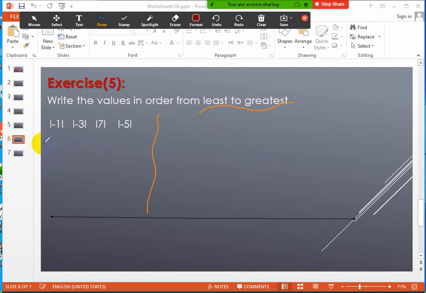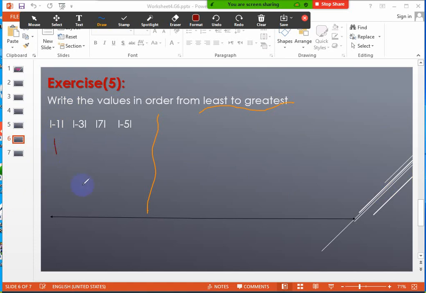Yes, the first one, -1. Saba, are you with me? Yes, what is the absolute value for -1?